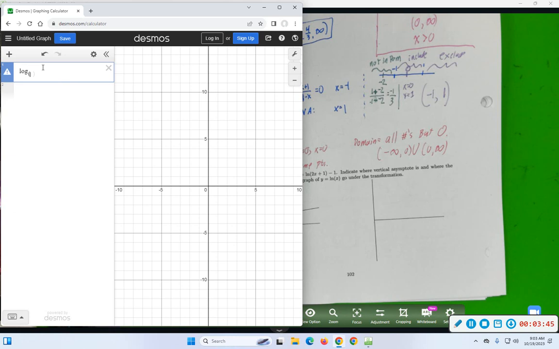Log base 1/2 of absolute value of x. Does that look like it has something bad happening at 0? But nothing bad happening anywhere else? Cool. I think the domain's everything but 0.